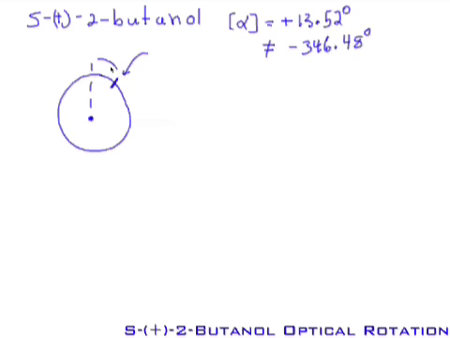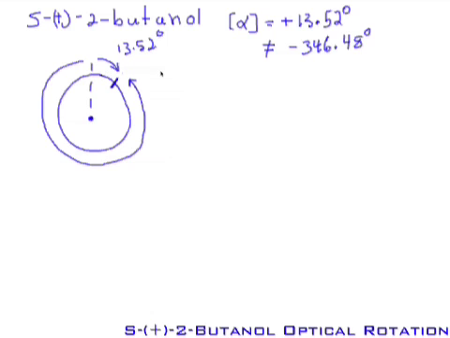Here is a rotation to the right of 13.52 degrees. Well, a left-hand rotation of minus 346 would take you to the exact same position. Because they are exactly the same position, how can you tell whether the rotation's to the right, 13.52 degrees, as opposed to the left, minus 346?